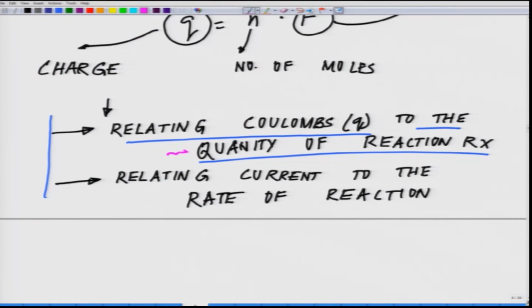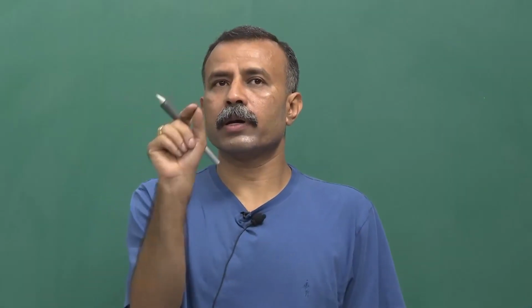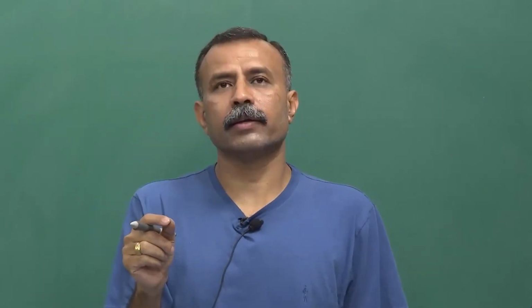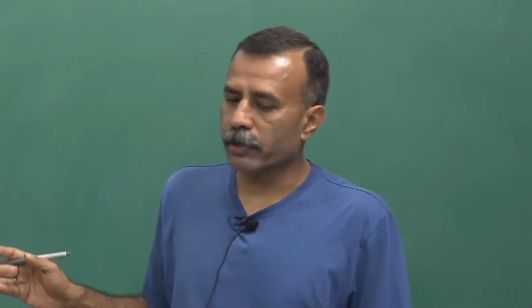Here, the quantity of reaction could be correlated with the charge, and the rate of reaction could be quantified with the current, because current is the flow of charges per unit time across a point. It could be per second. Time parameter you can resolve, whatever time parameter you want to carry.